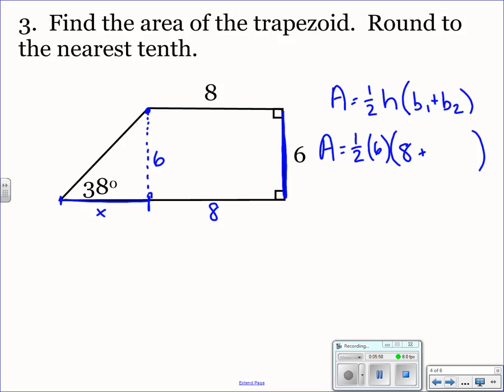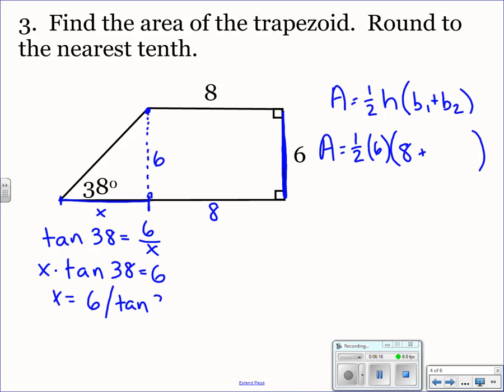I know the opposite side, so we're going to use the tangent of 38 is opposite over adjacent. If I multiply both sides by x, and then I divide by tangent of 38.